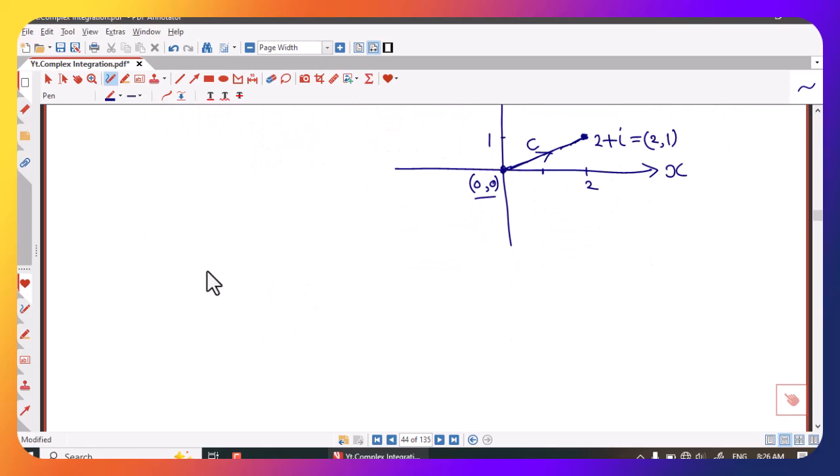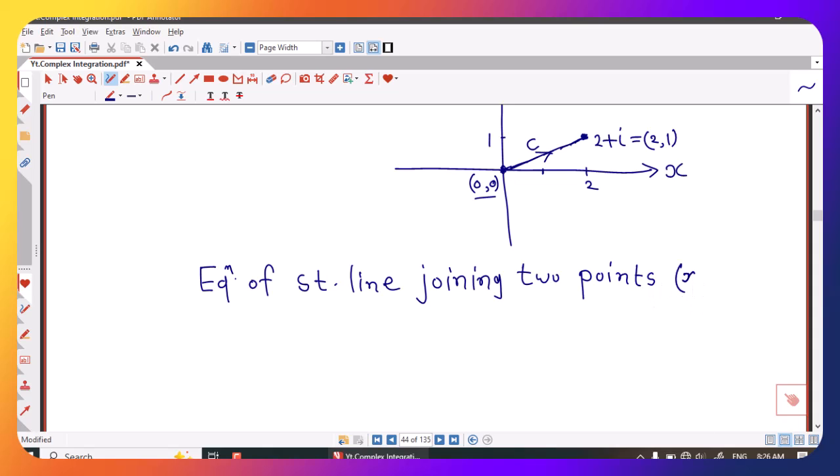We know the equation of a straight line joining 2 points. We are writing it in general first.